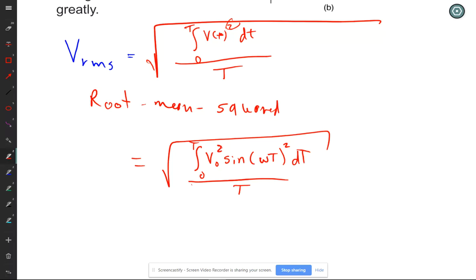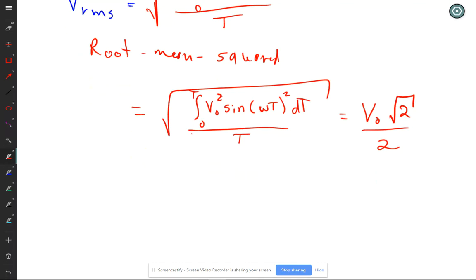And so what this ends up giving you is V naught times the square root of 2 over 2. So the RMS voltage is the peak voltage times the square root of 2 over 2, or peak voltage divided by the square root of 2 if you want to write it simpler. We like to have rational denominators, not divided by square roots, so we write it this way.